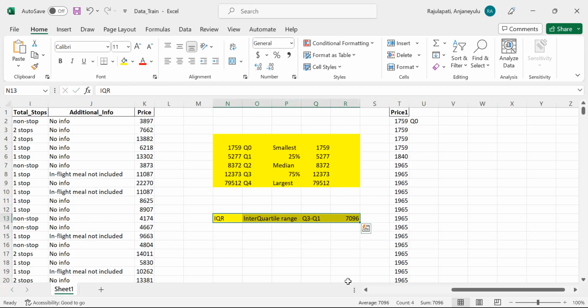Any questions? How you can calculate that interquartile range? Is there any questions? Tell me. Anyone?